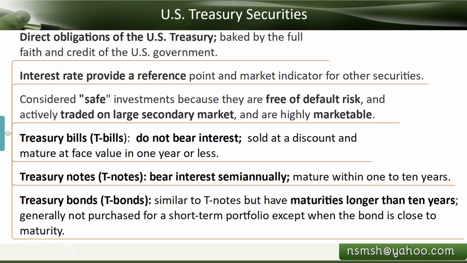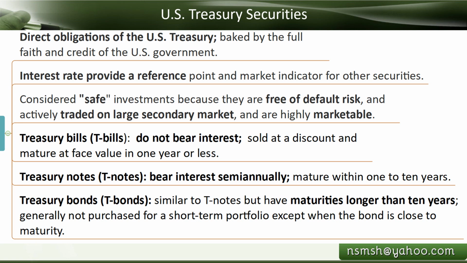US Treasury securities. Now we are going to look into the details of each kind of security. US Treasury securities are direct obligations of the US Treasury, and they are backed by the full faith and credit of the US government.